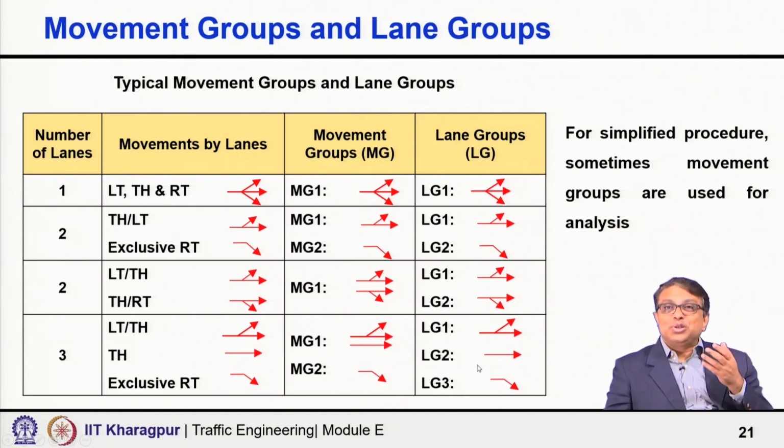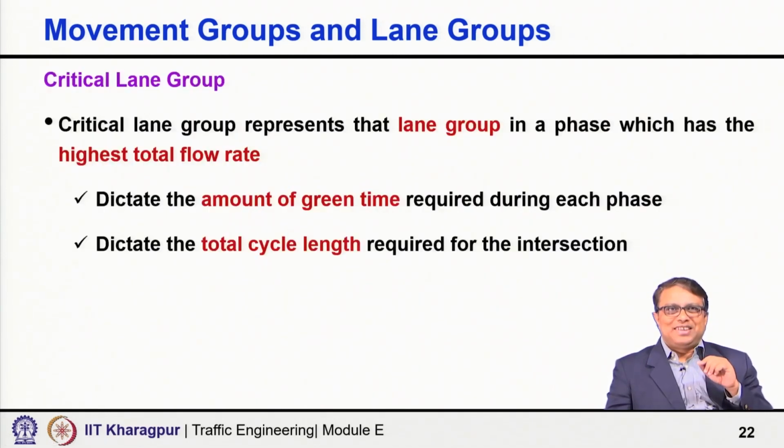When you come to lane group, these are three: left and straight, only straight, and exclusive right. So, this will be three lane groups. This gives you better clarity how the lane groups and movement groups are different and where they will be different, not that always they will be different.